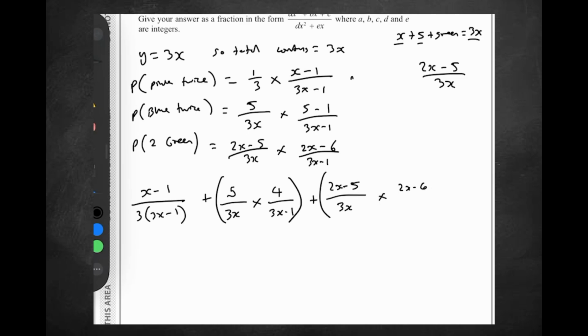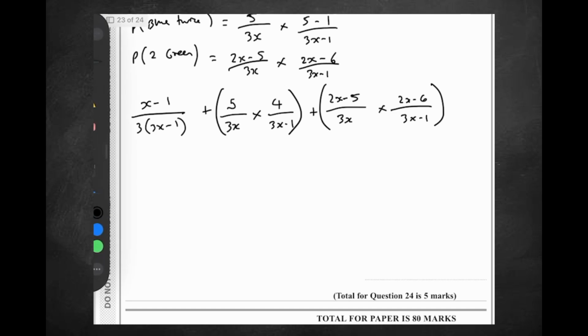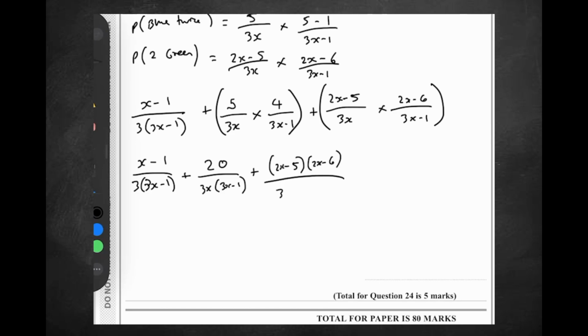Multiplied by 2x minus 6 over 3x minus 1. Just like that. And we'll multiply it all out. 20 over 3x minus 1, plus 2x minus 5, 2x minus 6 over 3x minus 1.